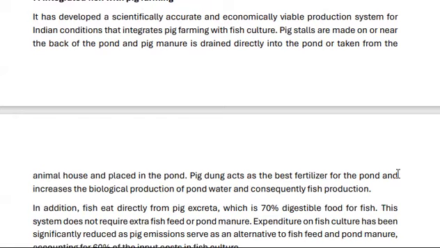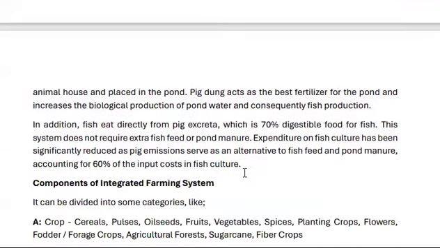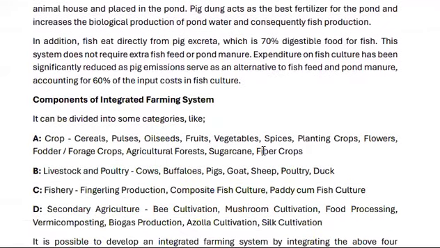And ginagamit rin siya bilang additional food para sa mga fish. So sabi dito, 70% ng pig excreta ay digestible food for the fishes. Pwede pala. Nice. So now let's have the components of integrated farming systems.